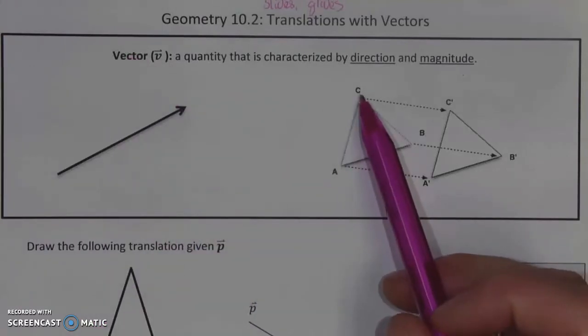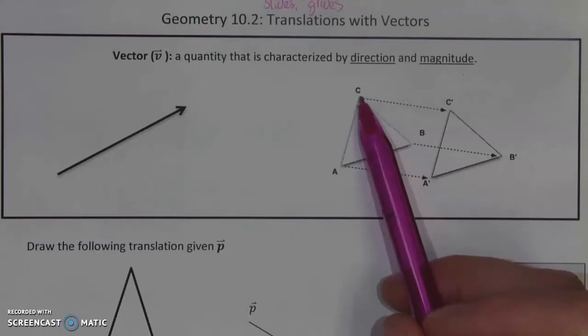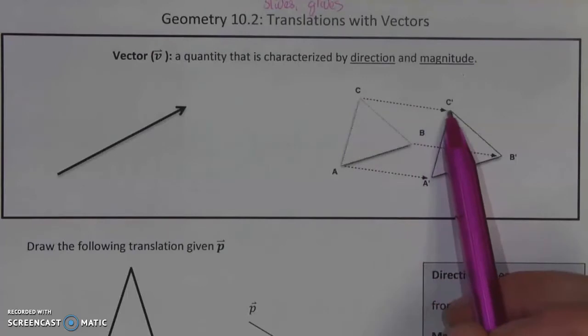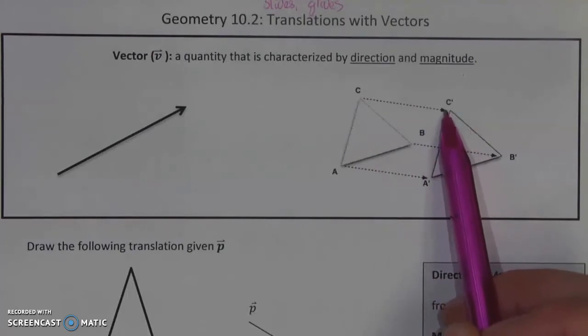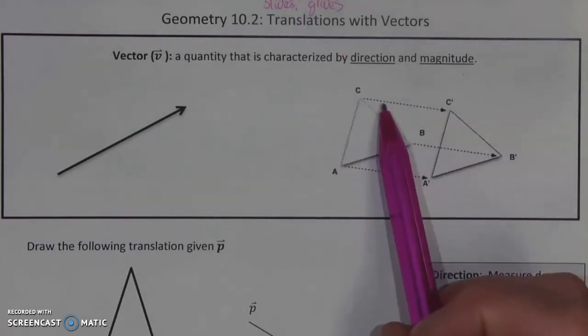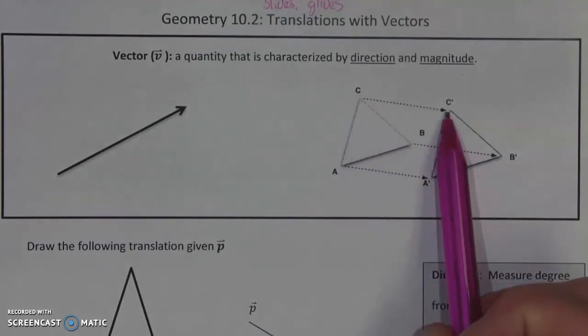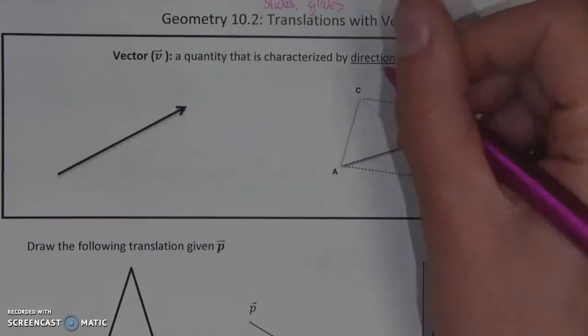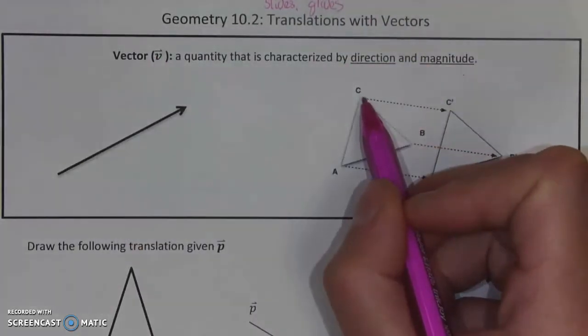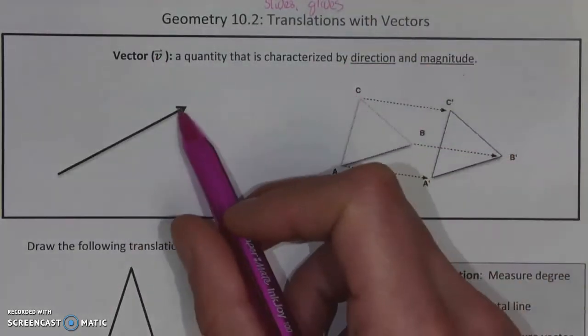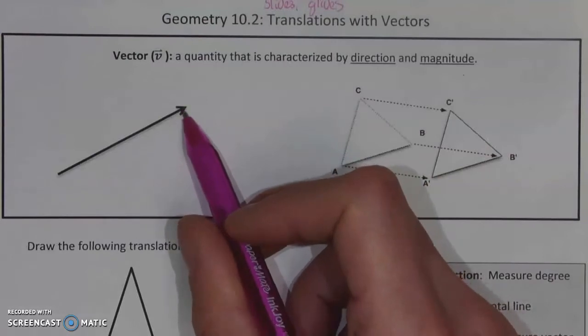When we take vectors, what we're trying to show people is how to take a point and move it to its new location. And since we're doing a slide or translation, we're literally sliding it down a line. And that line that we're sliding it down is the vector. Vectors are usually written as an arrow with an endpoint and a pointy end, of course.